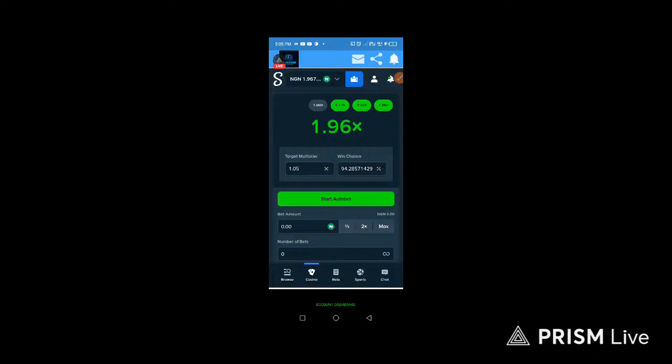We have 1.00, 1.17, not valid. We have 1.05, 1.08, not valid also.